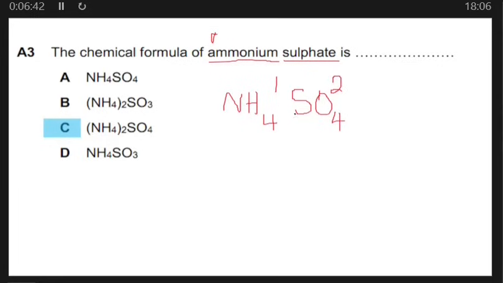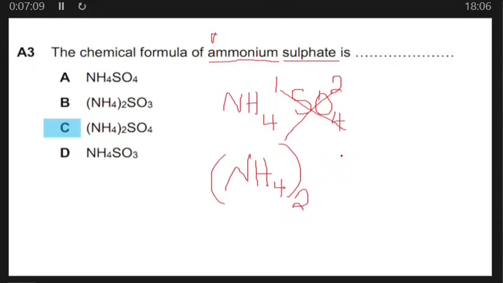So when you're deriving the formula here, you swap the valences like this. This one should come here, this one should come this side. Since this one will be shared, it will be NH4, then you do like this, it's a radical, then this 2 comes here.